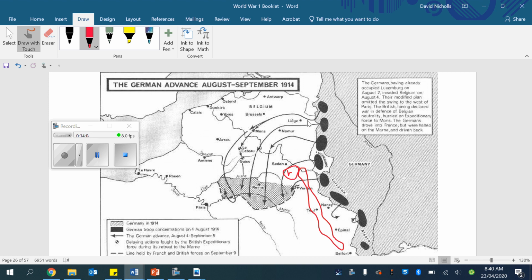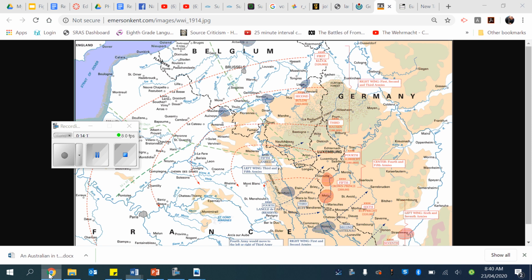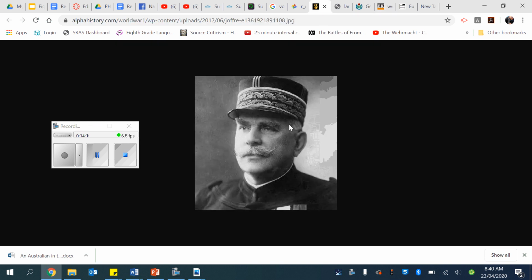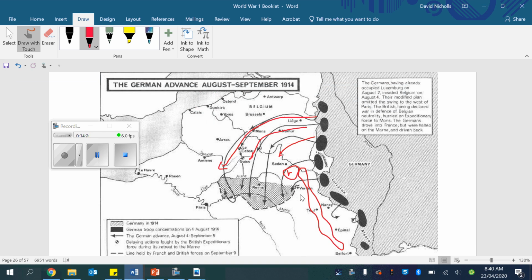The Germans are sweeping around behind him, and he is powerless to do anything about that. So he pleads to his commander, Joseph Joffre, this guy here. He says to him, "We are in grave danger. If we don't do something, then we're going to be surrounded by the Germans."